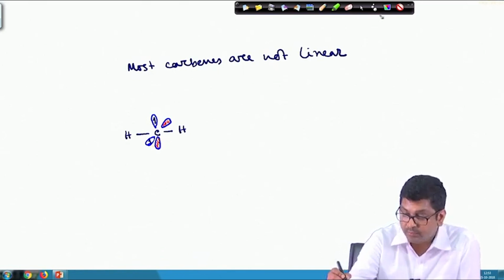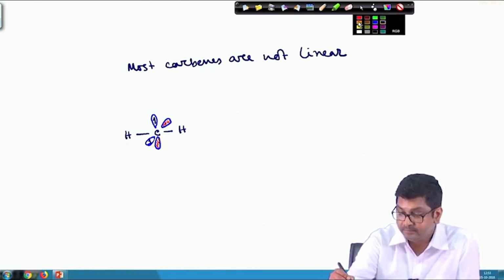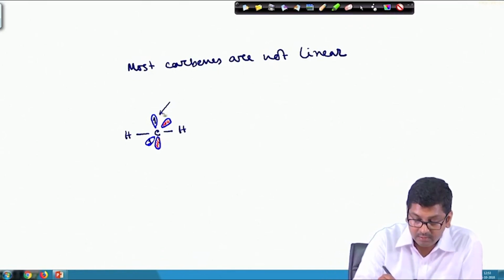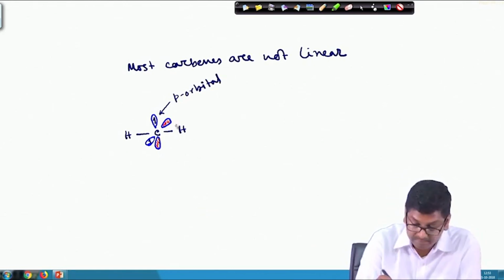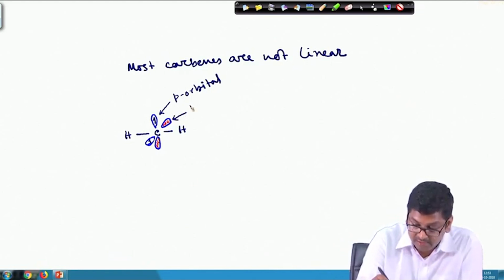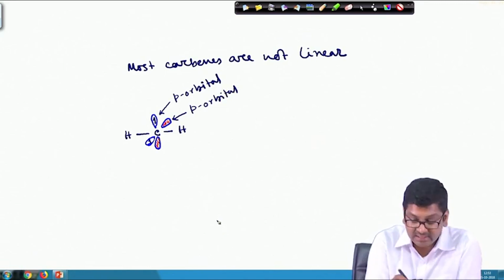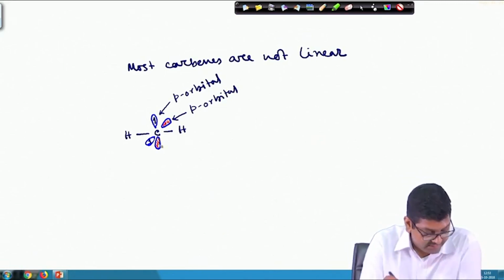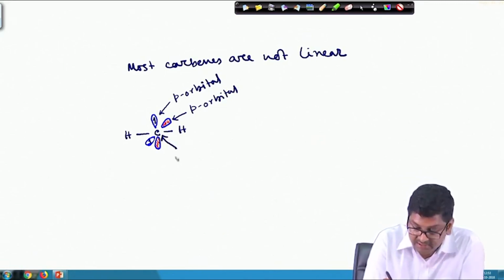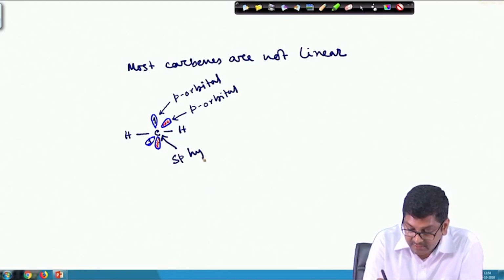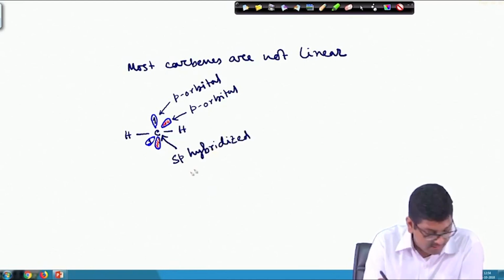Here this is also a p orbital, this is the p orbital. These are pure p orbitals. And here this is linear and this is the sp hybridized carbon atom.